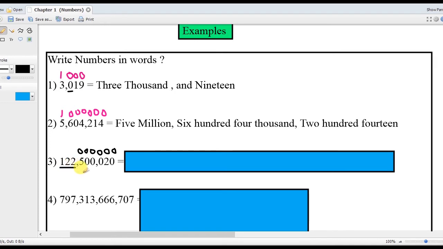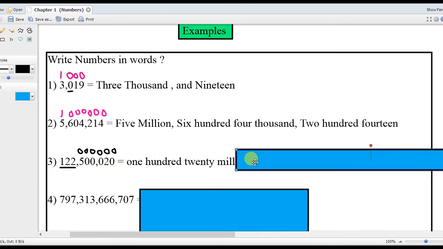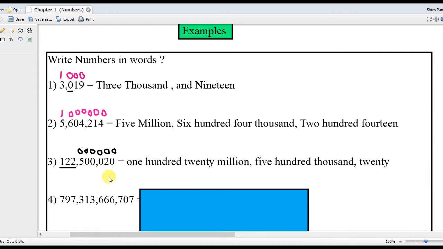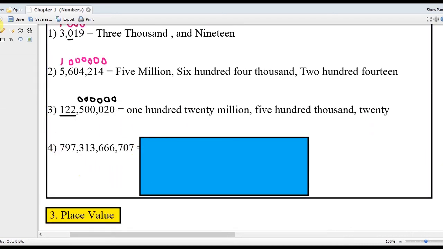So this number will become 122 million, since there are six zeros in a million. So 122 million 500,020. Okay, moving on to the next number.